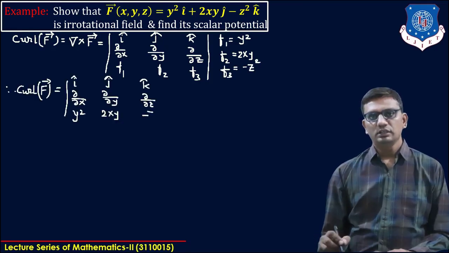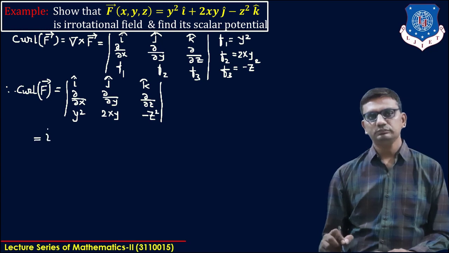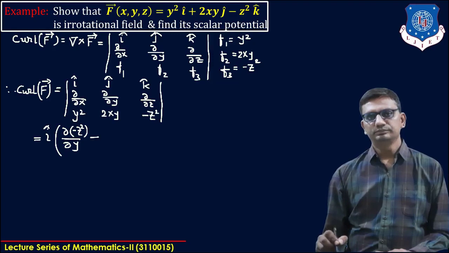After putting the values of f1, f2, f3 in the determinant, we get the curl of f bar equal to this. i into partial derivative of minus z square with respect to y minus del of 2xy with respect to z.